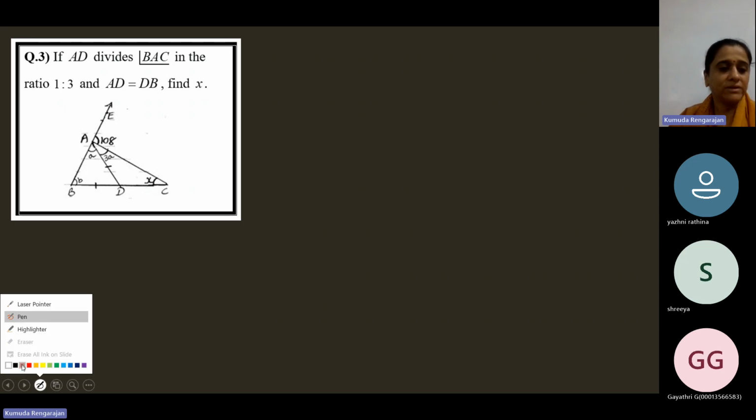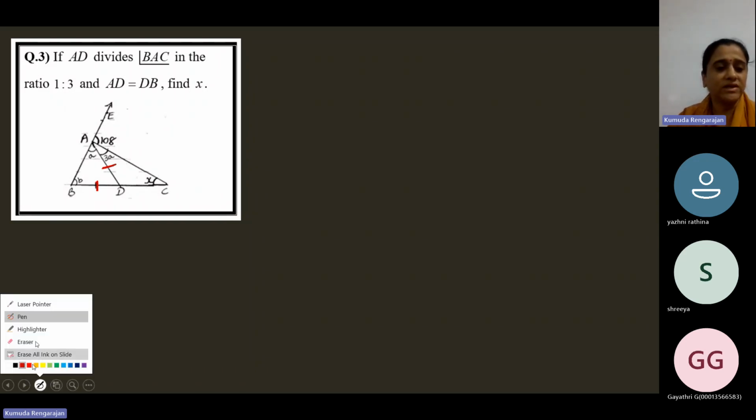Okay. So simple. Do we know the meaning of this marking? Yeah, what? They are equal. They are isosceles triangle. Correct. It's an isosceles triangle. And when these two sides are equal, these two angles are equal, right?